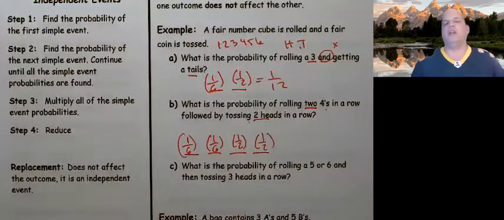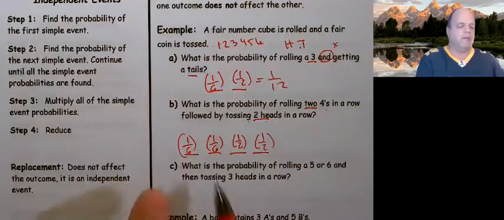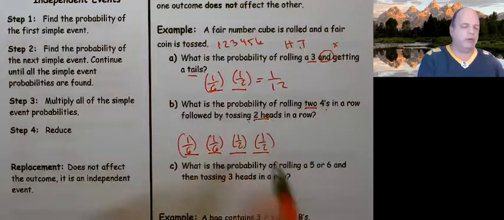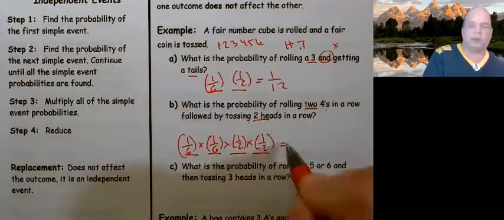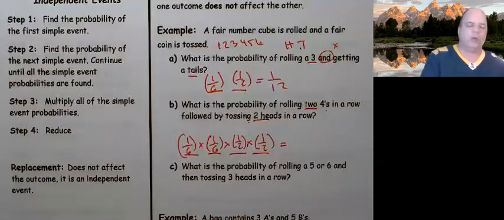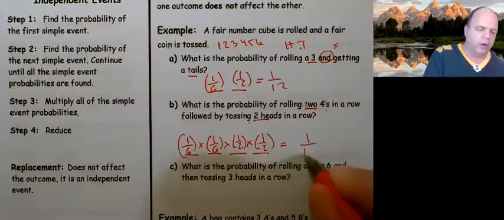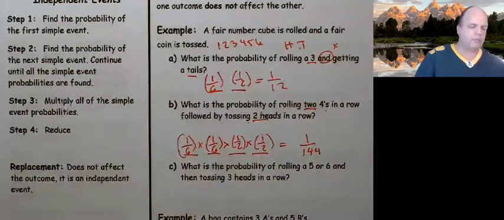Even though they didn't say the word "and," I know that I need this and I need that and I need that and I need this, because I need a 4 and a 4 and a 2 and a 2. So it's okay, "and" implied that I need to multiply. All right? And when I do that, I have 1 over 144.